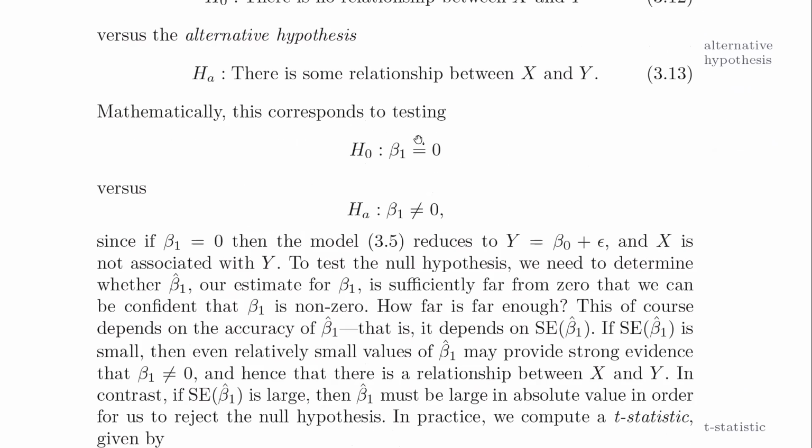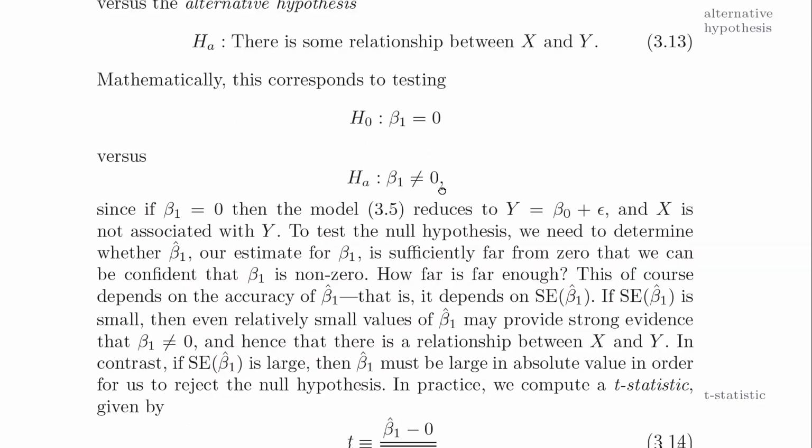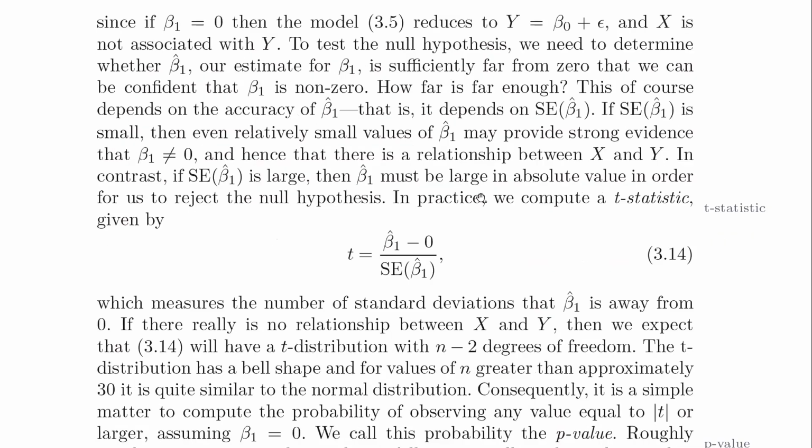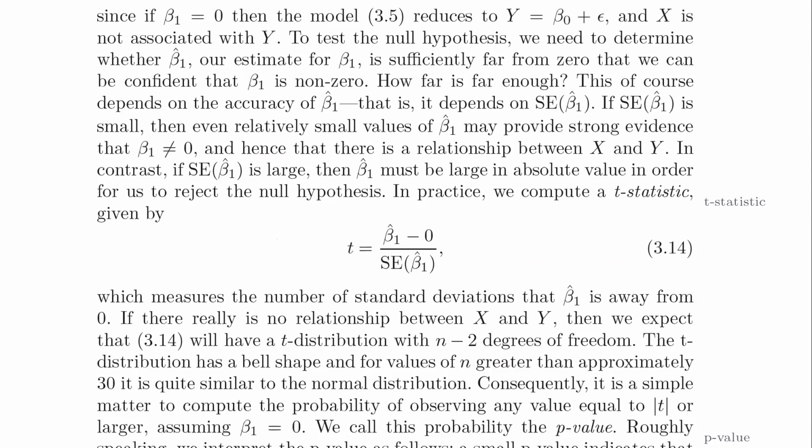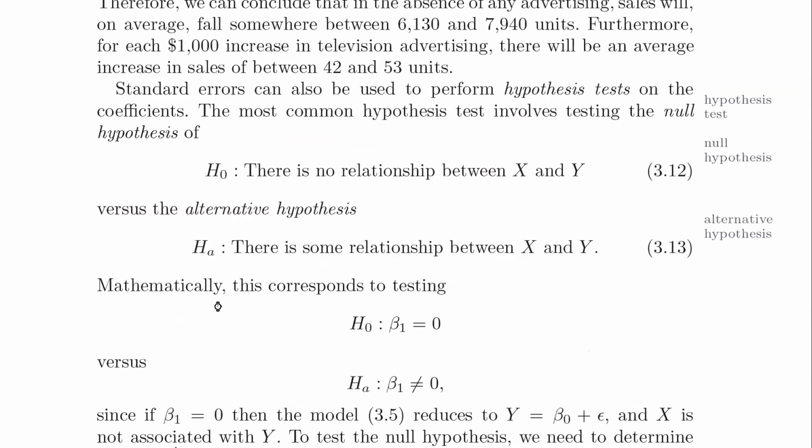Why? That's what we said, right? If beta 1 is 0, then the model reduces to y equals beta naught plus epsilon. And notice the disappearance of x. X is not associated with y. To test the null hypothesis, we need to determine whether beta 1 hat, our estimate for beta 1, is sufficiently far from 0. Look at this, for example.